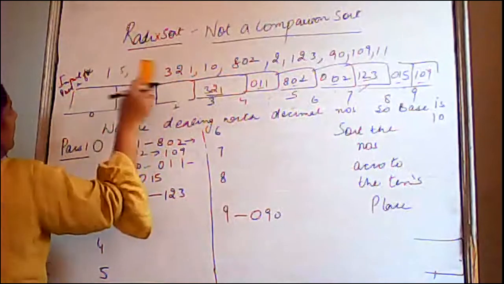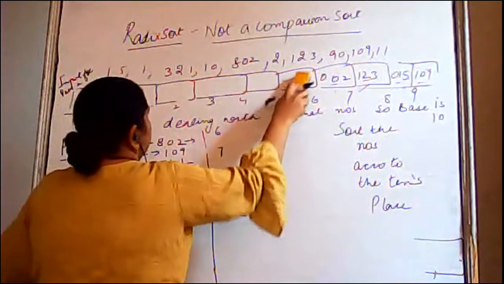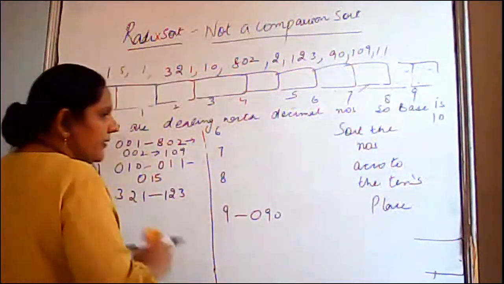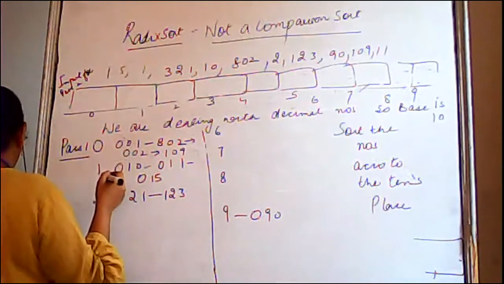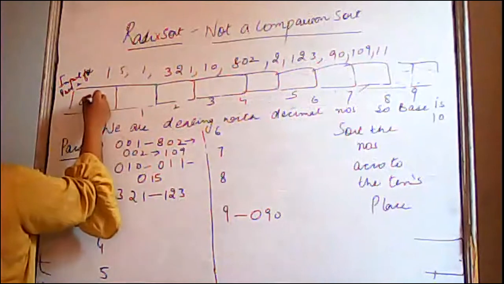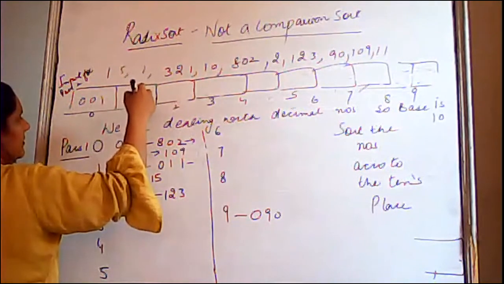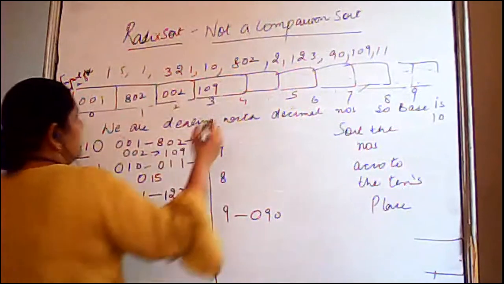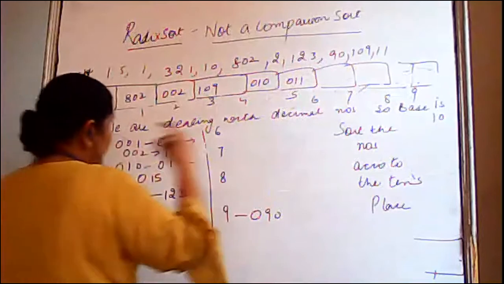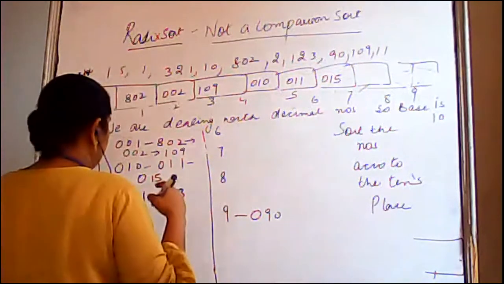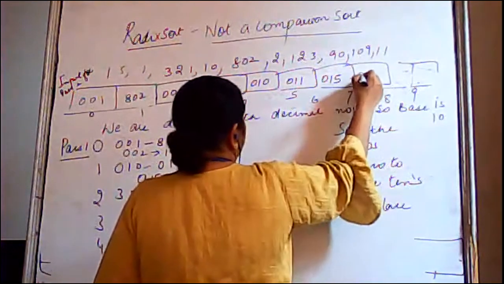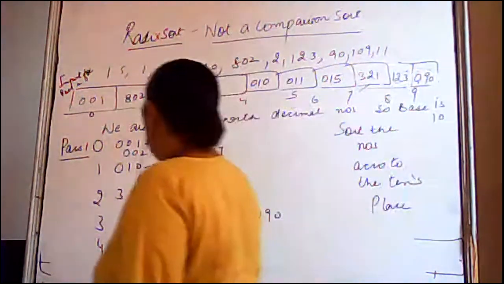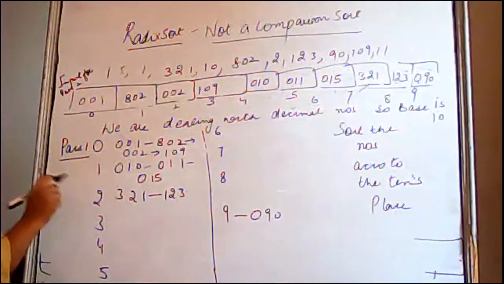So I'm removing this from here, and you will get 001, then 090, 802, 002, 109, 010, 011, 015, then 321, then 123 and 090.